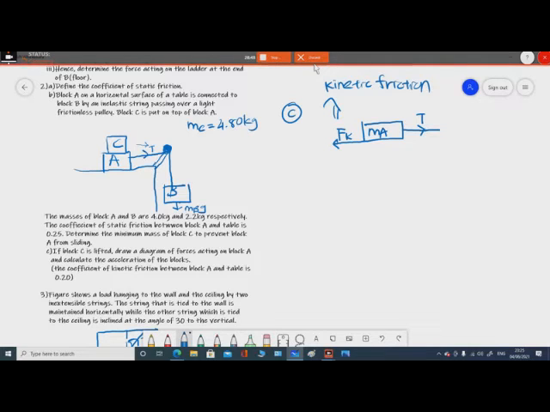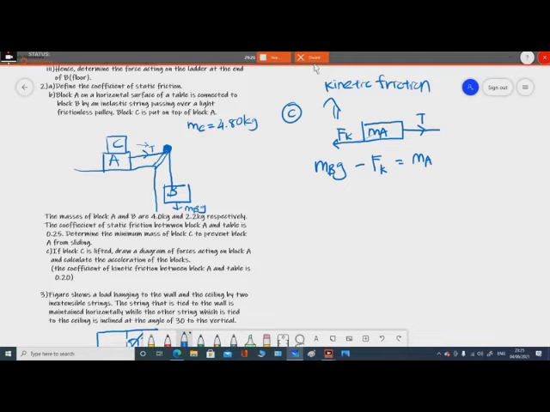This is the first part of the question. Now calculate the acceleration of the block. We have mBg minus the kinetic friction, which will be our resultant force.